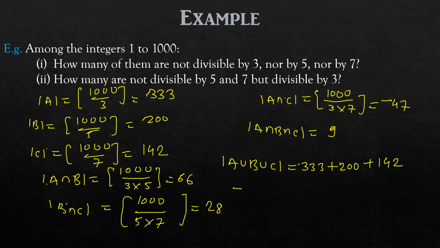Then minus A intersection B 66, minus B intersection C 28, and minus A intersection C 47, and then plus A intersection B intersection C is equal to 9. Calculate this and after calculation we get 543. So equation number 4. So A union B union C is equal to what?